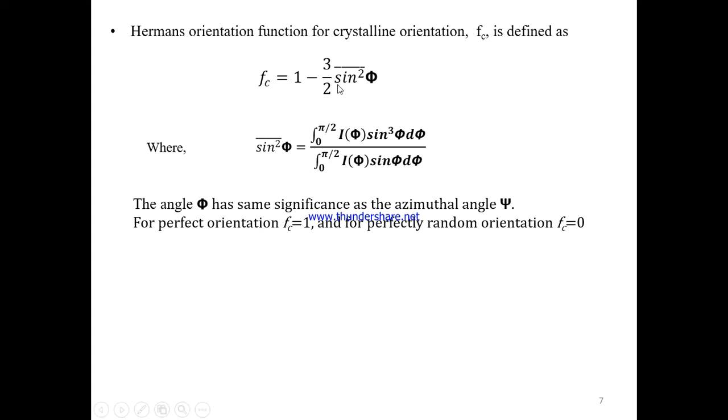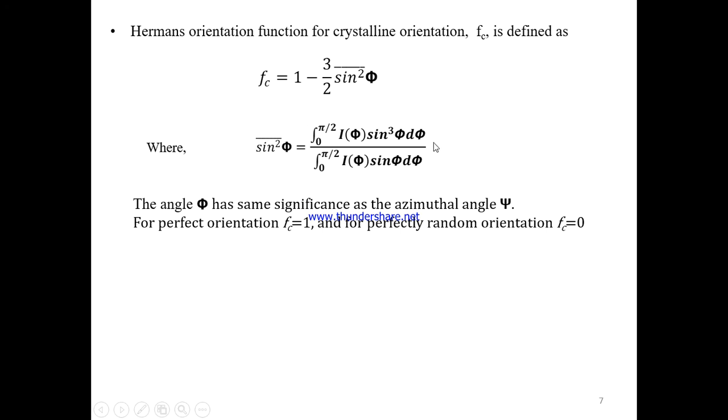Now this phi has a similar meaning to the diffraction angle theta. This function Fc can determine quantitatively the molecular orientation of textile fiber. The mathematical expression of sine square phi is presented here in this equation.